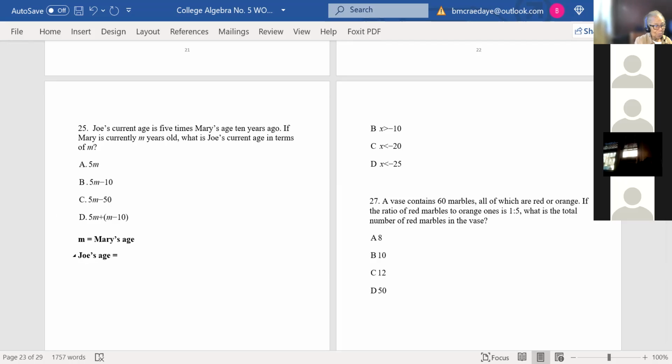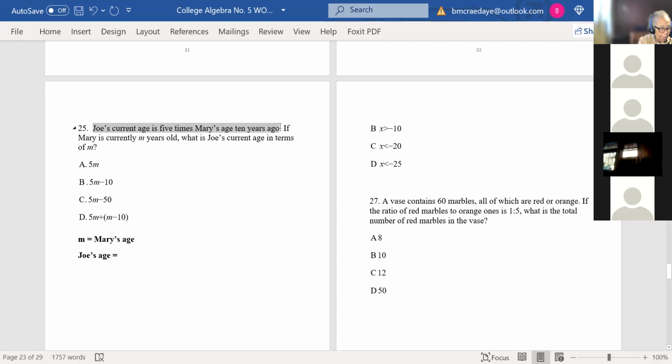Joe's current age is 5 times Mary's age. Now use M for Mary's age. So Joe's current age is this. No, use M for Mary.